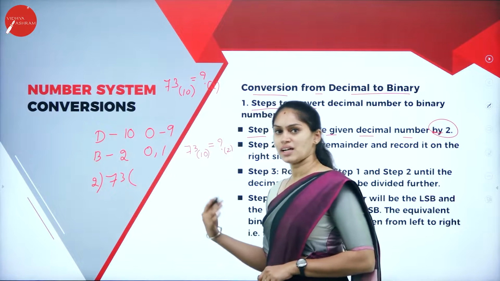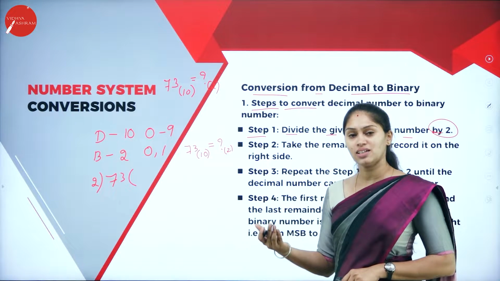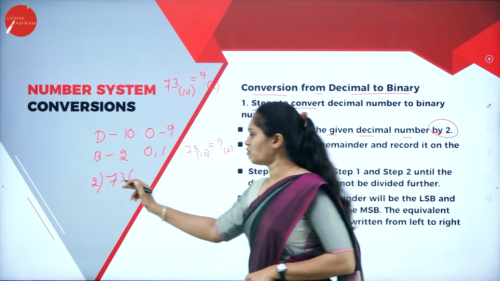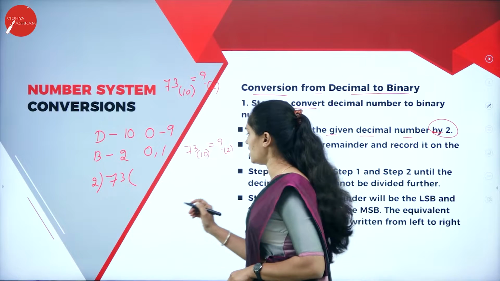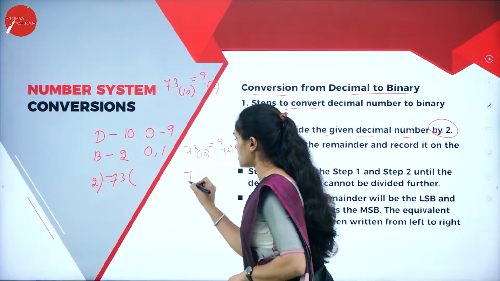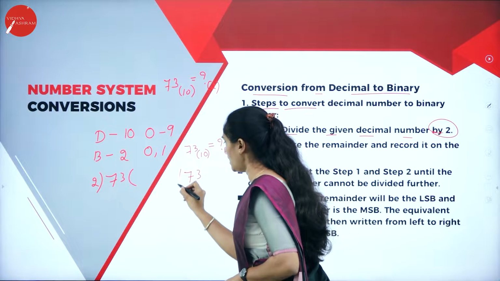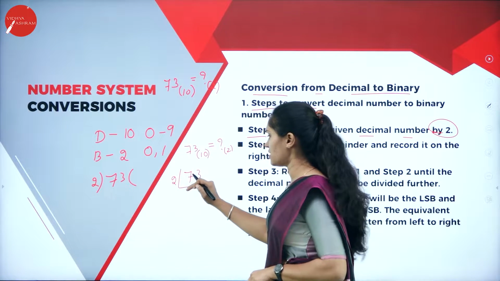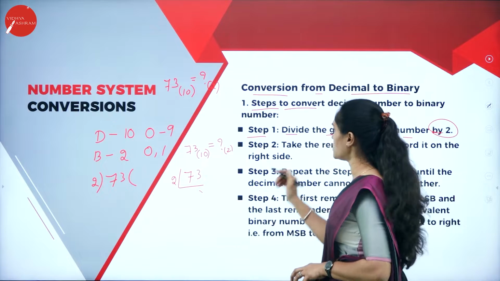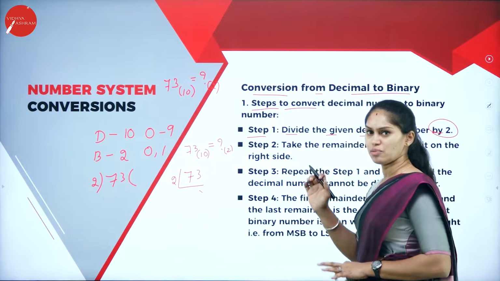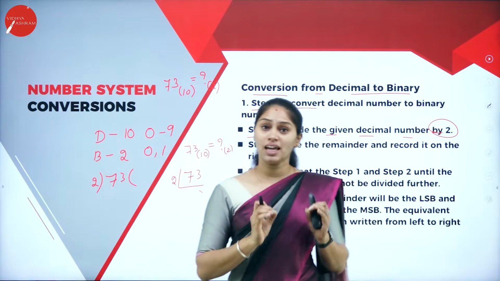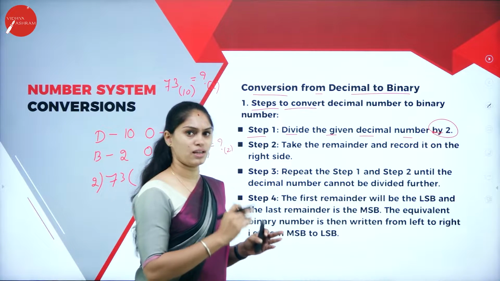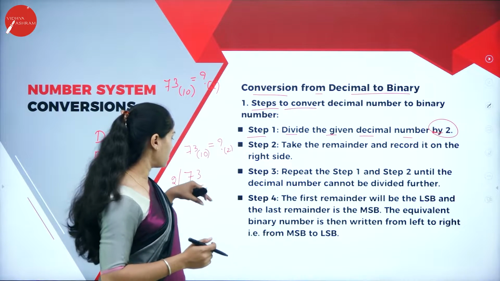But when we are working with a number system, don't take the format like this. Instead of this, you have to take it like this. So 73 which will be divided by 2. Don't use this format, use this format for division. So this is the first step. First we have to divide the given decimal number by 2. So I am trying to divide.